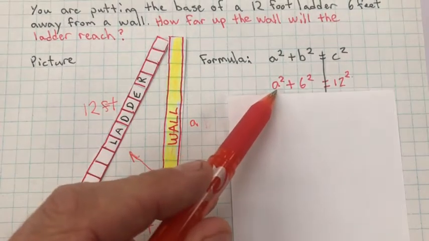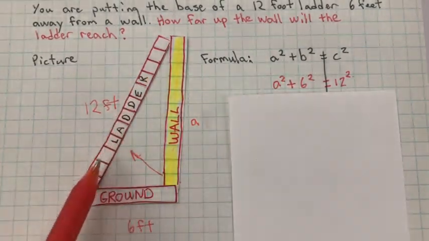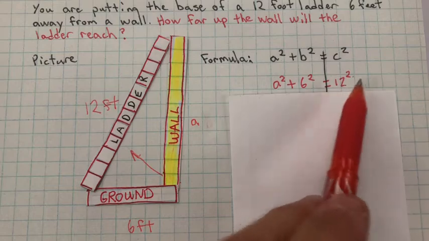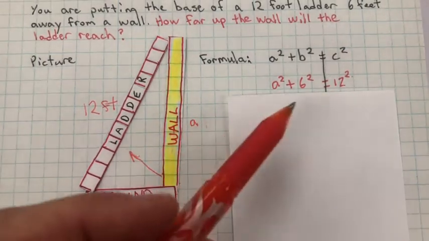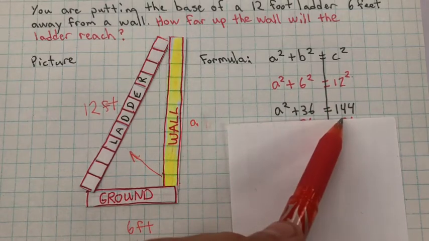So A squared we don't know. B squared is 6 squared, and then the hypotenuse is 12. So 12 squared. Simplify, 6 squared is 36, 12 squared is 144.